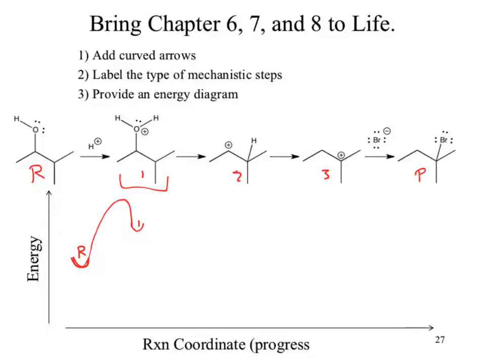What type of reaction was this? What was it? That first step. What type of reaction? Yes, it's non-spontaneous. It's an acid-base step. From Gen Chem, acid-base steps are always exothermic, and yet somehow we're showing this as endothermic.